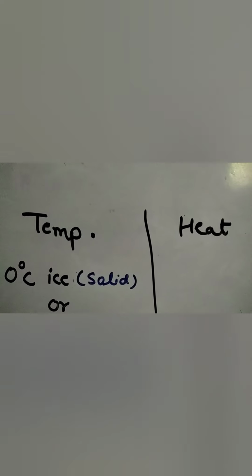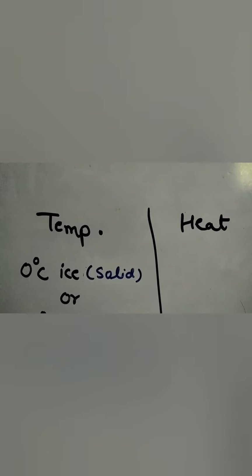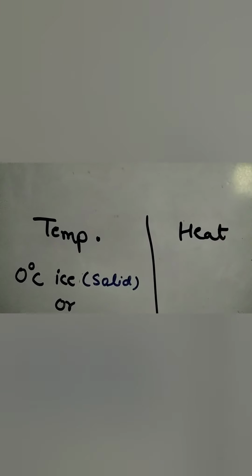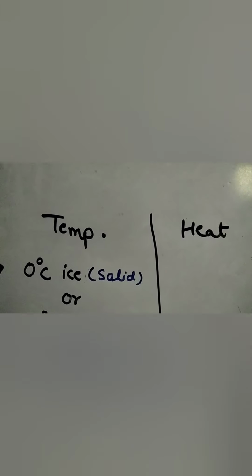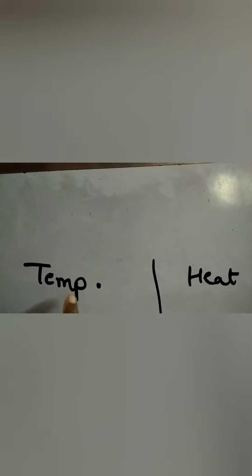The simple activity which we are going to do today, let's see what things we should be able to explain by doing that. First thing which I have always come across is that students are usually confused between temperature and heat. They think that heat and temperature both are the same thing.